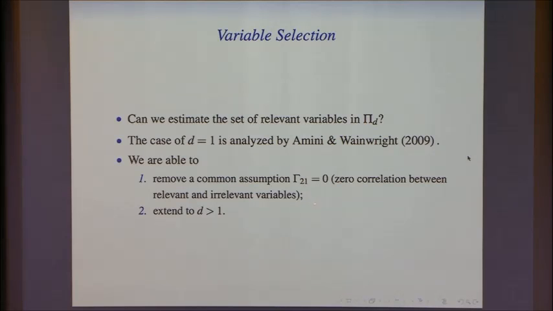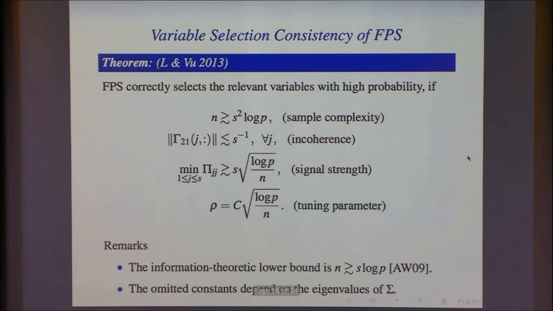So we removed this block diagonal assumption, and we were able to handle general values of d. So that's the result: FPS correctly selects the relevant variables when these 4 conditions hold, because we're doing more and more, so we have more and more assumptions.